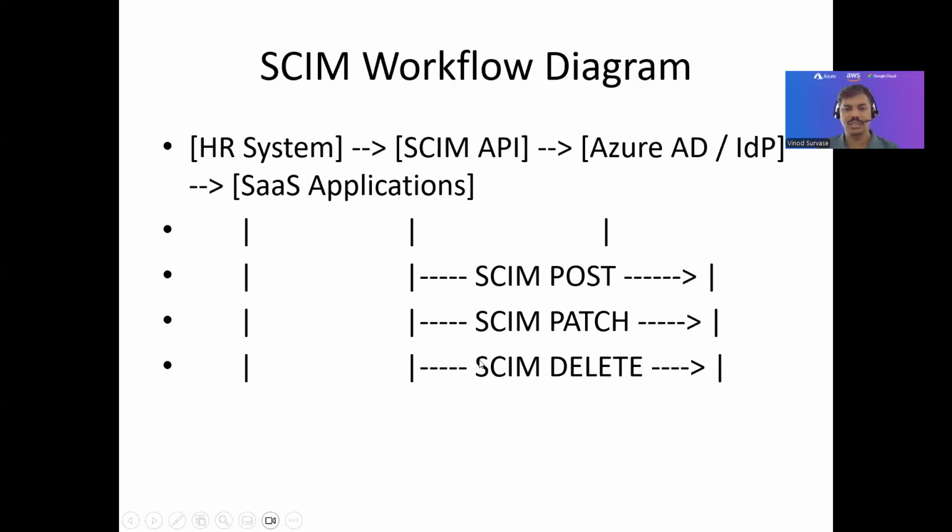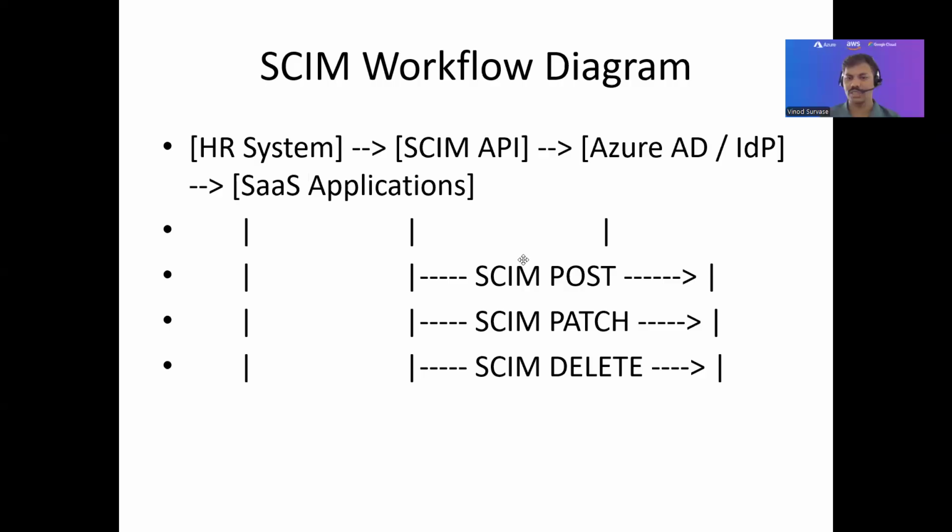Here is a simple flow that you can see, right? And this flow helps show how the system is going to provision identities and then take different steps. For example, the HR team has created an identity that is going to be SCIM'd to Entra ID or the identity provider. It could be Entra ID, Okta, or any other provider as well.